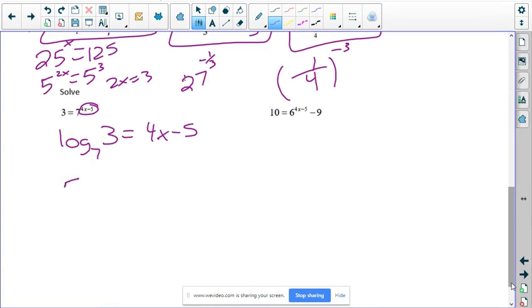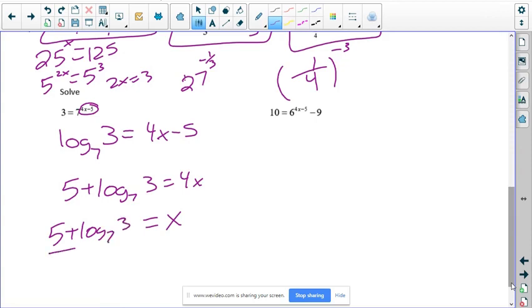We add 5 to both sides. 5 plus log base 7 of 3 equals 4x. And so x equals 5 plus log base 7 of 3, divided by 4.